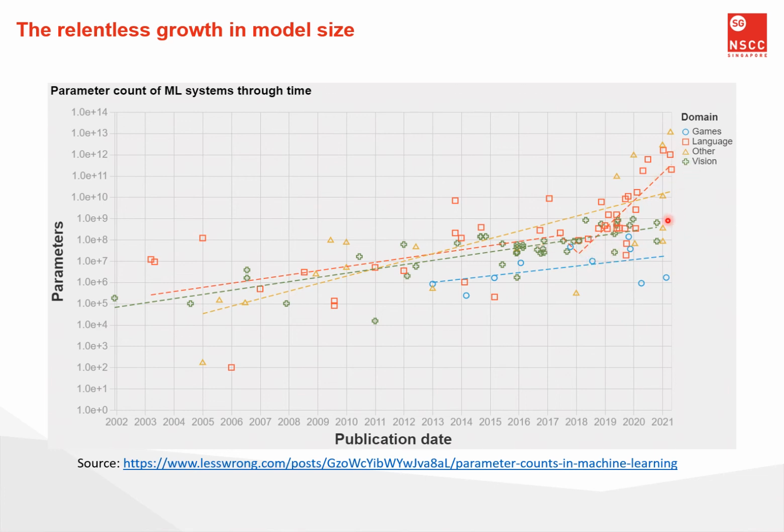It's even faster than the growth rate for vision applications. Now, if most of the vision applications actually switch over to similar architecture for processing, you will probably observe that for vision as well, it will start taking a faster rate of growth in terms of the model size.